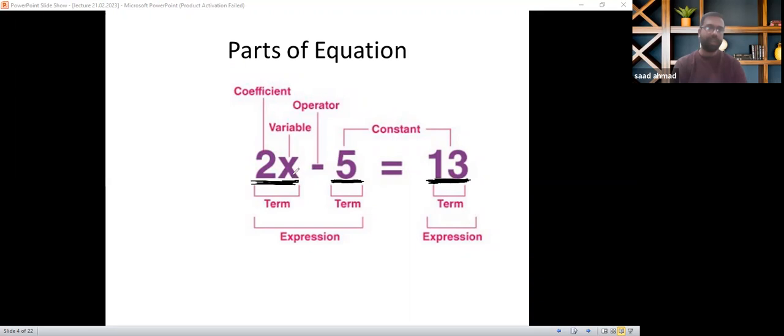If we change the x, then it will also change this term. So this is a variable, right? And the number with the variable is called the coefficient. This whole thing we call an expression, and this is also an expression. They are connected by the relation of equality. So that's basically an equation.